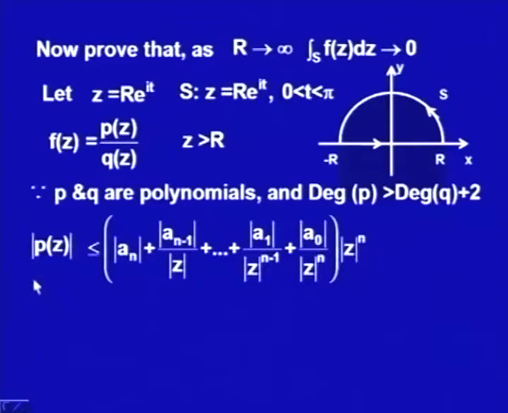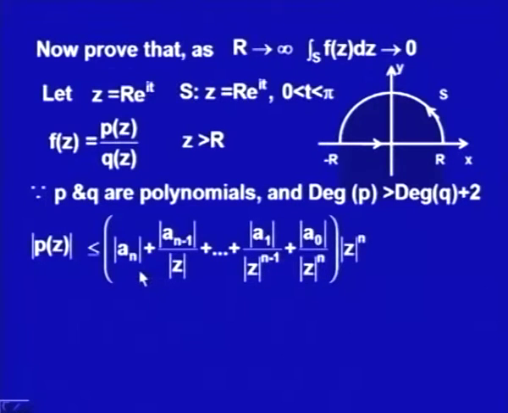If I take the modulus on both sides, we know that mod of x plus y is always less than or equal to mod of x plus mod of y, so we apply this to each term separately.